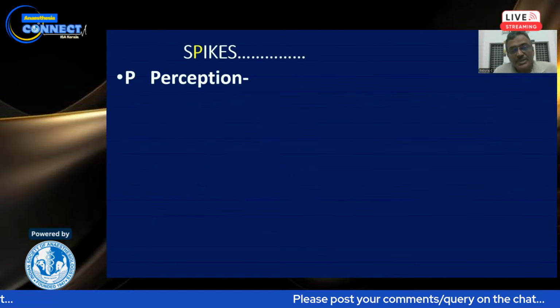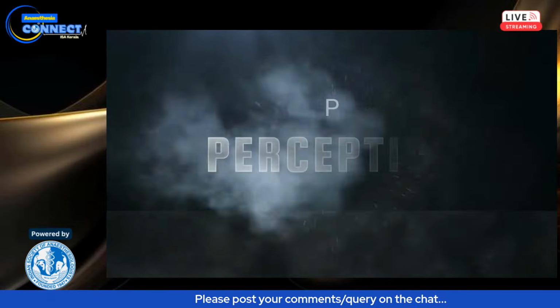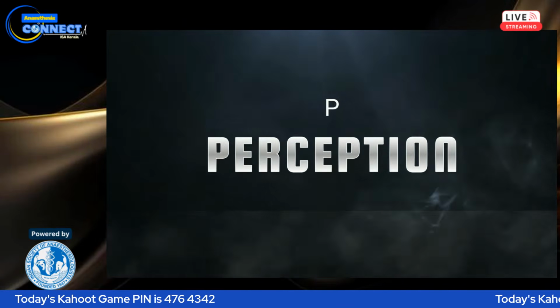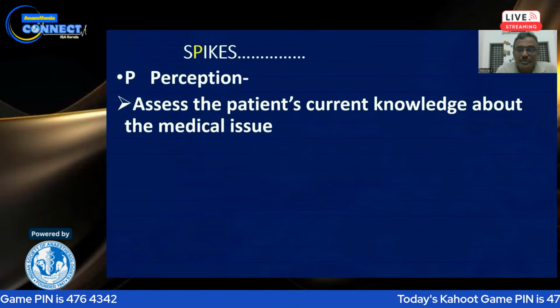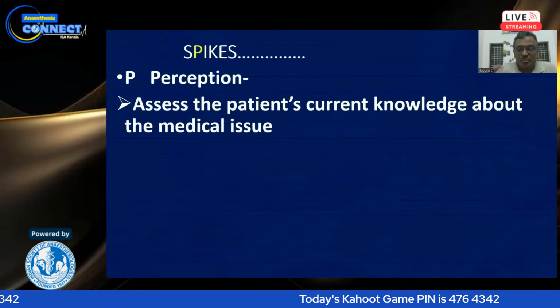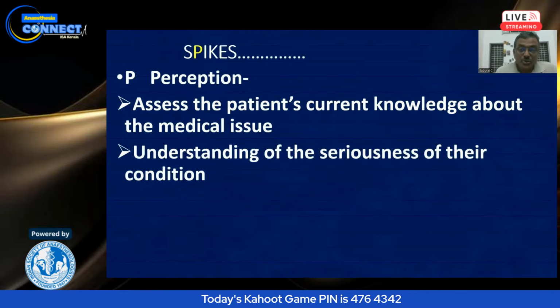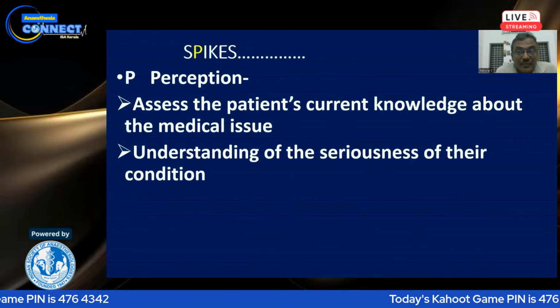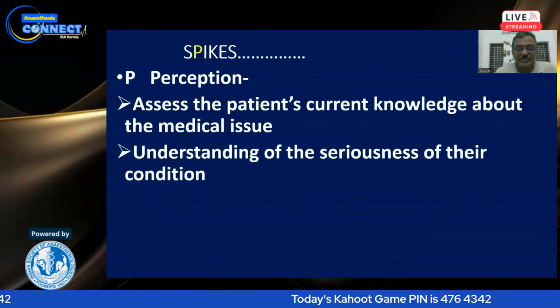The second step is perception, where you are assessing the patient's current knowledge about the medical issue. You are trying to find out how much the patient knows about the problem, and also you are trying to understand the seriousness of their condition. Are they aware about the condition? And are they aware about the seriousness of the condition?